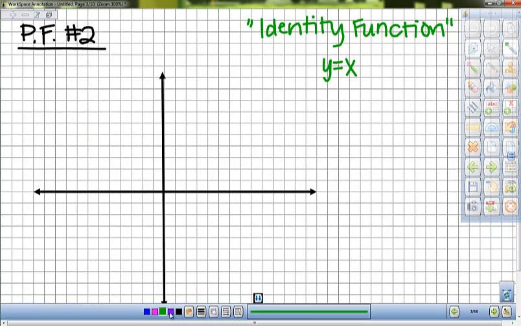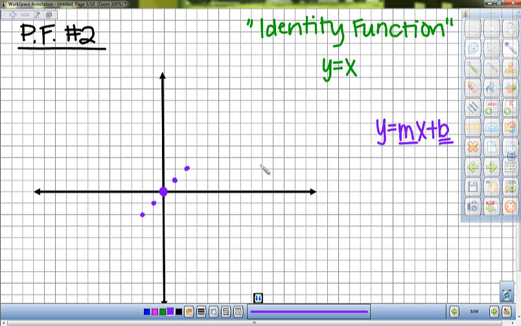You're used to seeing linear equations a lot of times in mx plus b, where m was your slope and b was your y-intercept. Notice we have no number here, so it's an understood 1, so slope of 1, and no number added or subtracted, so it crosses at 0. So your linear function or your identity function goes through the origin with a slope of 1.